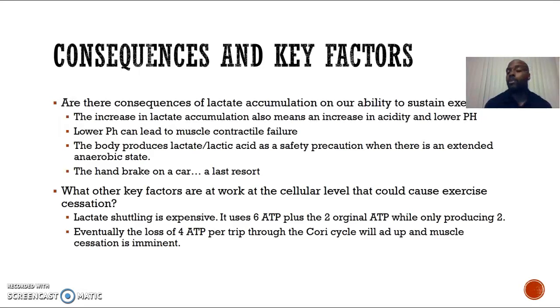The body produces lactate or lactic acid as a safety precaution when there's an extended anaerobic state. If we're doing an activity and there's a lack of oxygen for an extended period of time, that lactate or lactic acid builds up to prevent us from injuring ourselves, to stop us from contracting our muscles.